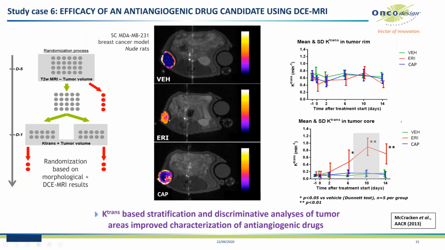But when treated with eribulin, we obtain a homogeneous tumor for perfusion with a well-perfused core, with an increasing perfusion in the core of the tumor, correlated with a decrease of the tumor volume. So DCE MRI is well adapted to characterize anti-angiogenic drugs in subcutaneous models.